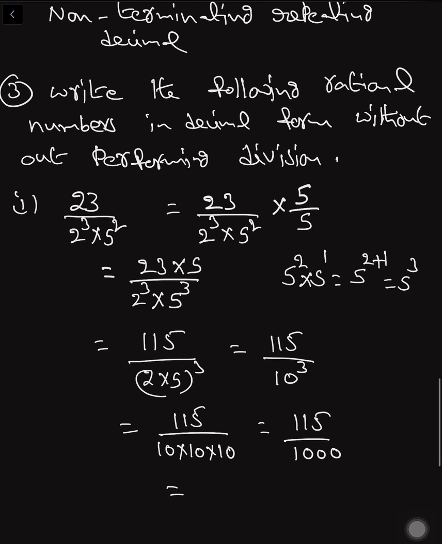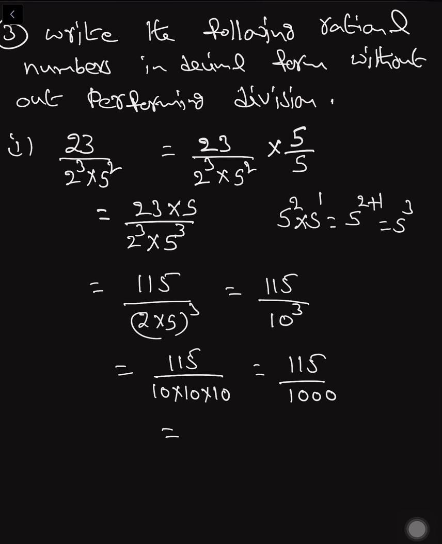So in the denominator you have 3 zeros. Simply put the decimal point after 3 digits, counting from the ones place. So you write 0.115.